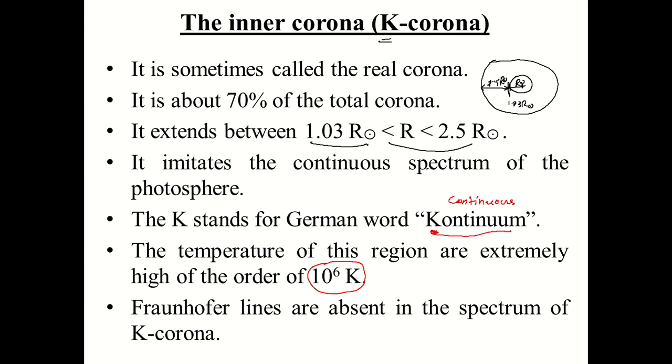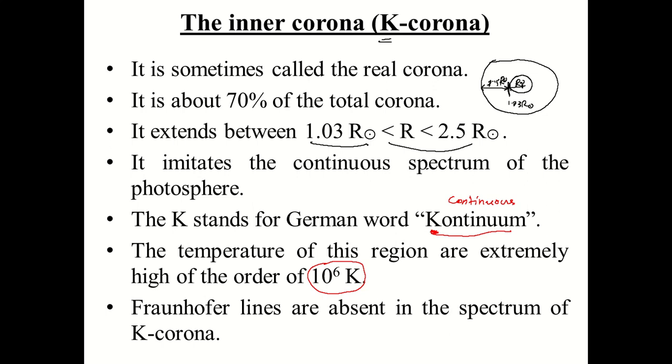And another important thing is that Fraunhofer lines are absent in the spectrum of the corona. Fraunhofer lines means some particular type of sharp lines observed in a continuous spectrum.